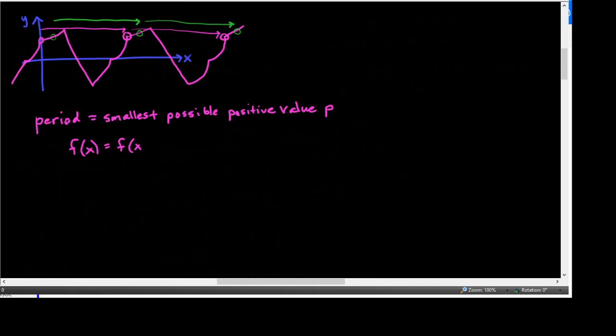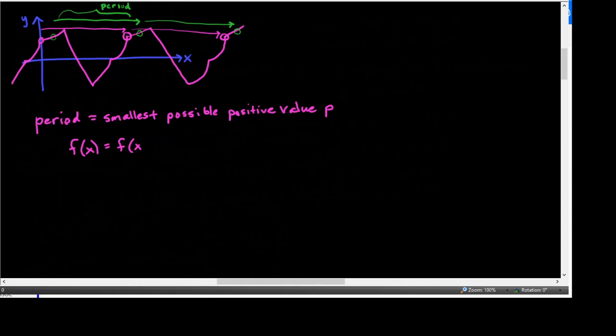So the length of that, let's look at the green one, I guess, is just as well as anything else. The length of that, and the length of any of these arrows I drew is the same, is 1 period. So that's the length of that is the period.